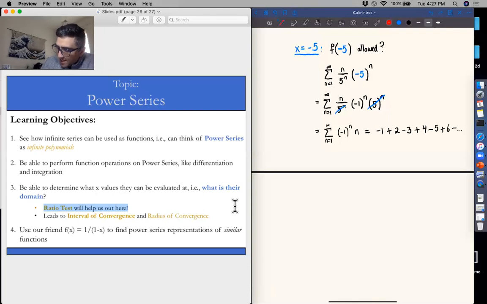And in fact, we could hit this with the test for divergence and see that this limit actually does not exist. So if we take the limit as n goes to infinity of -1 to the n times n, this limit does not exist. So by the test for divergence, this series is divergent.